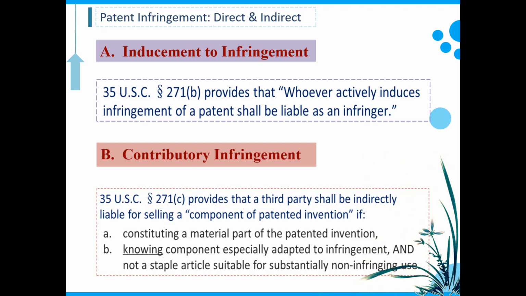Who knows whether the defendants knew or should have known that the component offered by him or her would be used for the making of infringing products, right? So the two requirements must both be established in order to constitute contributory infringement.